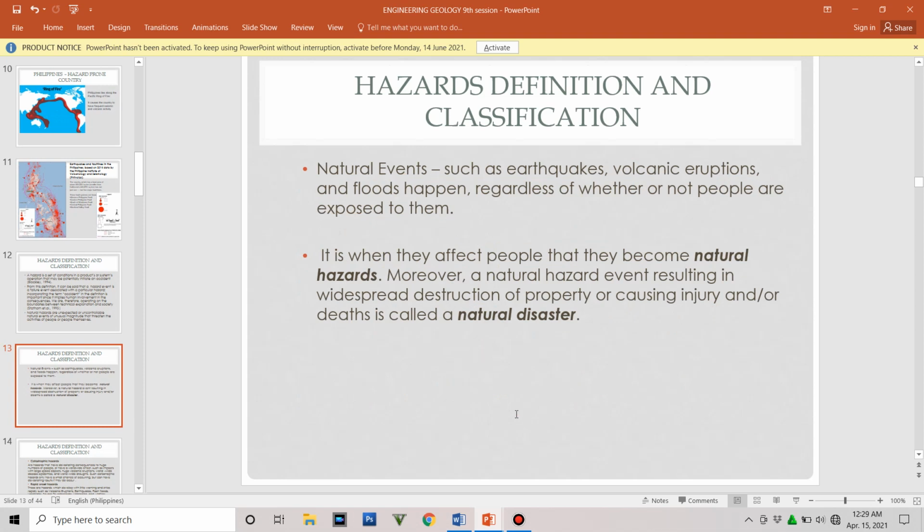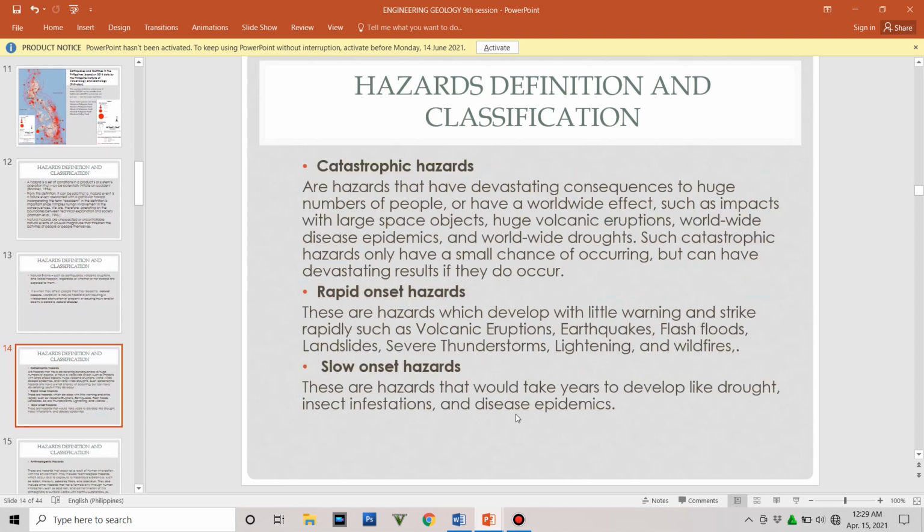So, natural disaster, let us highlight here the term widespread destruction. Okay, so widespread destruction of property. So, catastrophic hazards are hazards that have devastating consequences to a huge number of people or have a worldwide effect, such as impacts with large space objects, huge volcanic eruptions, worldwide disease epidemics, worldwide droughts.